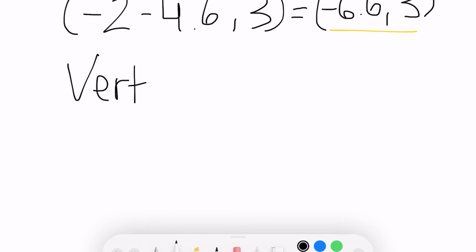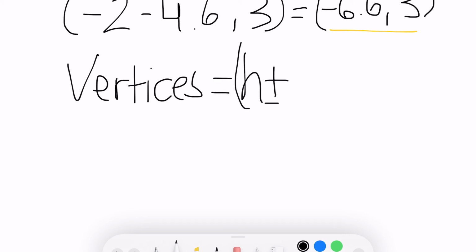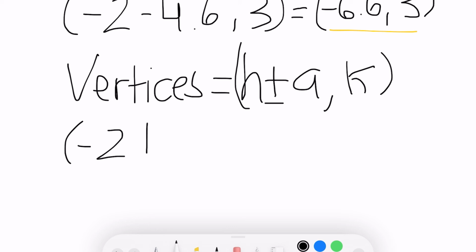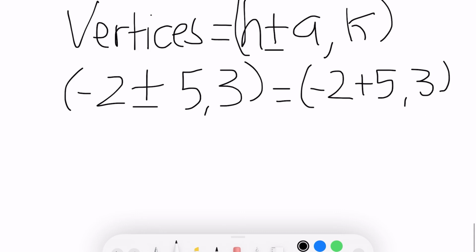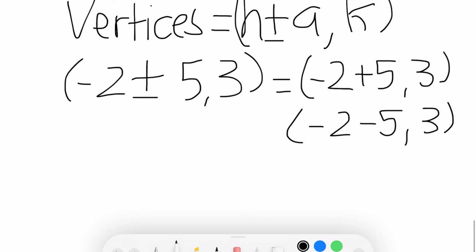Now we're going to do the vertices. The equation for vertices is h plus and minus a, comma k. So we put negative 2 plus and minus 5, comma 3, which equals negative 2 plus 5, comma 3, and the other one would be negative 2 minus 5, comma 3.